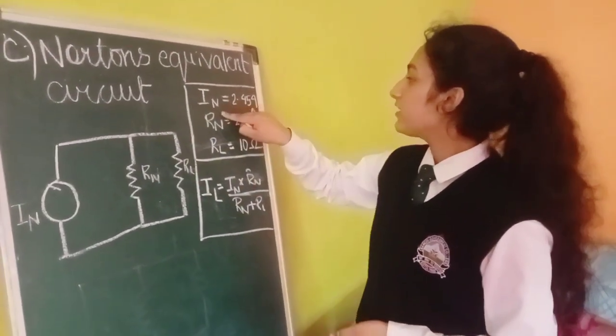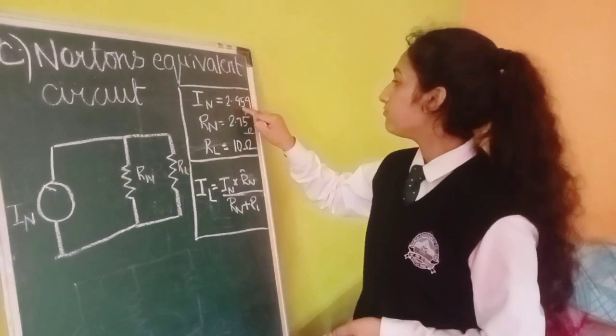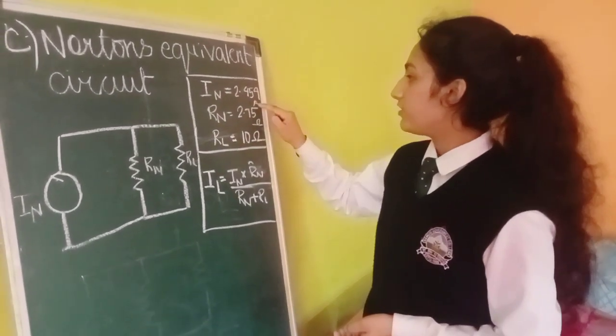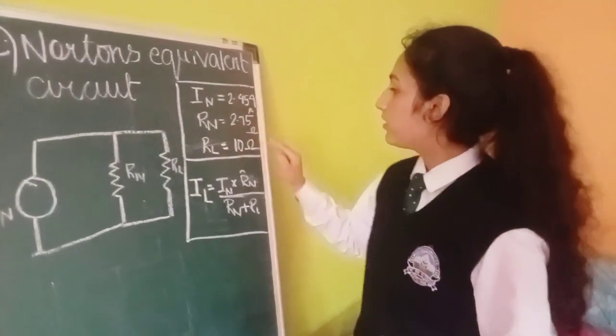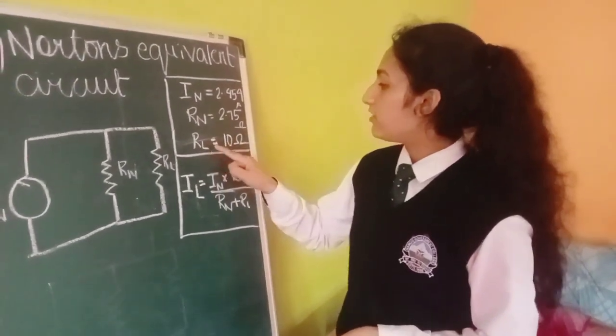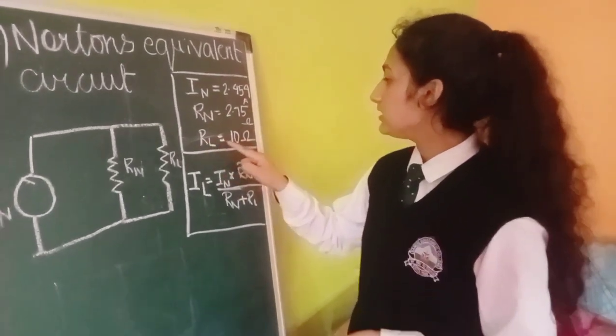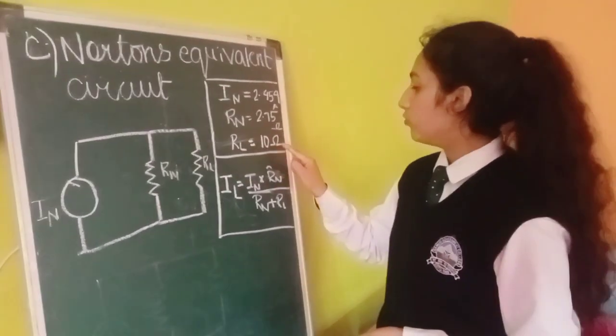That is, IN equals 2.5454 ampere and RN equals 2.75 ohm. And we have got the value of RL from the question. That is, RL equals 10 ohm.